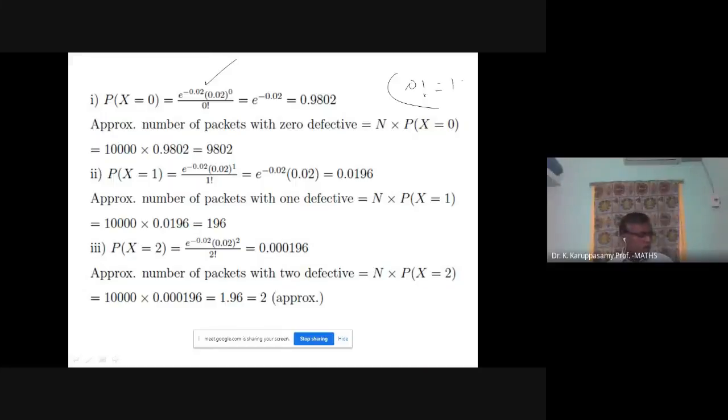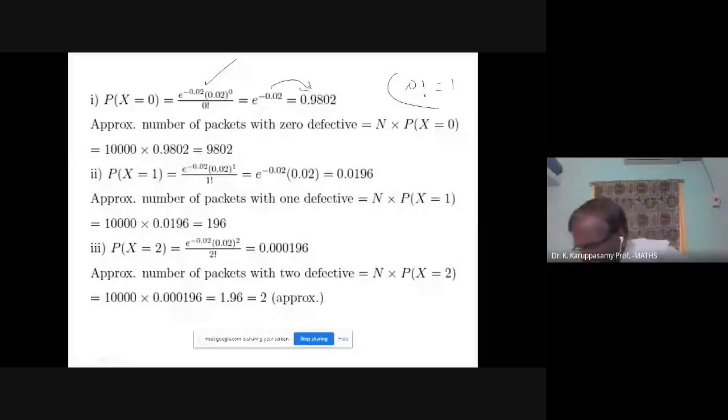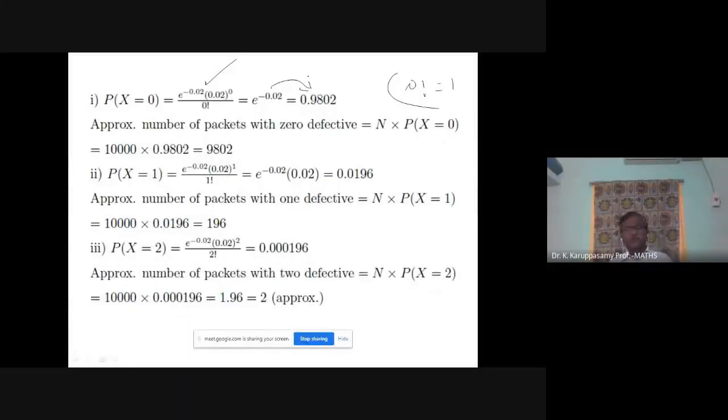If anybody has a calculator, you can take the calculator. I will tell how to find e power minus 0.02 with the help of a calculator. You must have a scientific calculator; the business calculator is not useful.